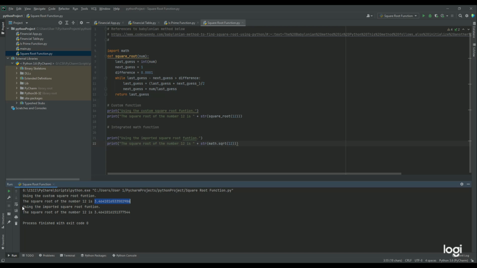And using the imported square root function, the square root of 12 is 3.464101615377544. So they are very, very close. I would say this would be a feasible answer, because normally, if you're doing math, you would take maybe the rounded part, 3.46 or something like that.